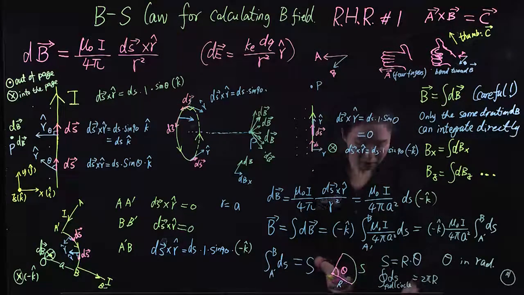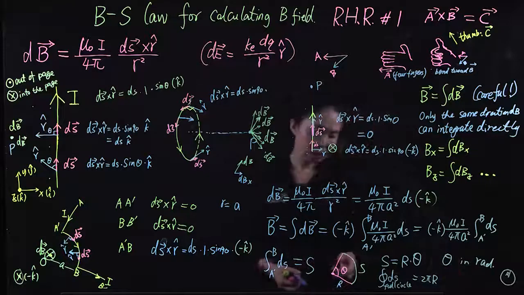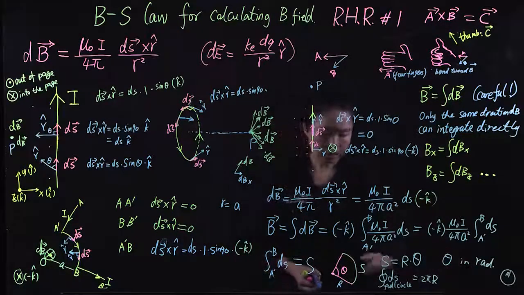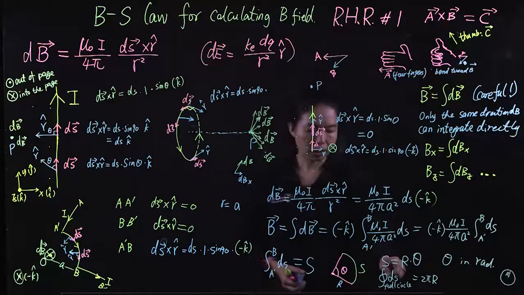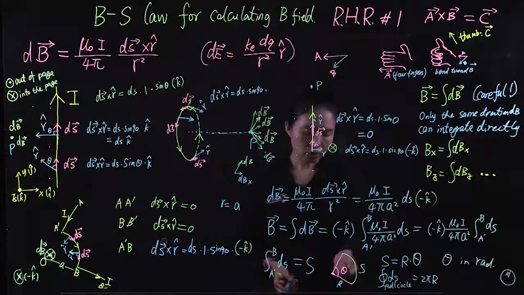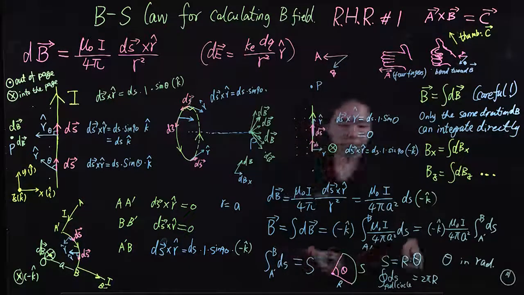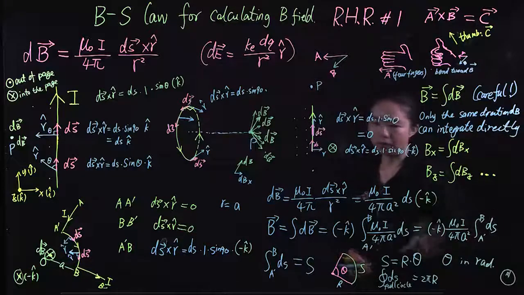When you are not integrating a full circle, the arc length should be equal to r multiplied by that angle in radians. If this is 60 degrees, s is not 60 times r. It's going to be 60 degrees corresponding to 1/3 pi, multiplied by r. Then plug that in, and you've solved the problem.